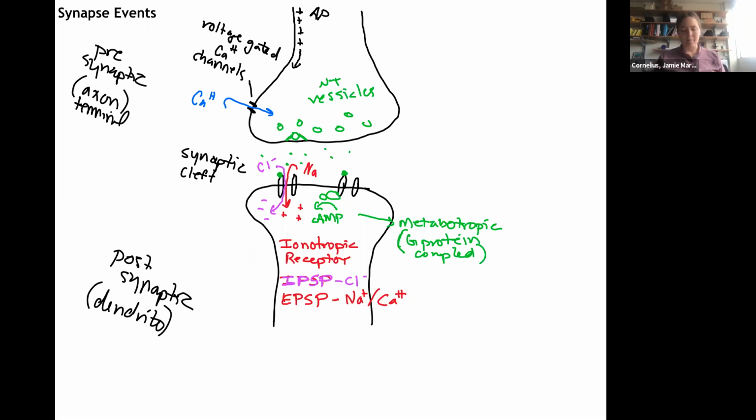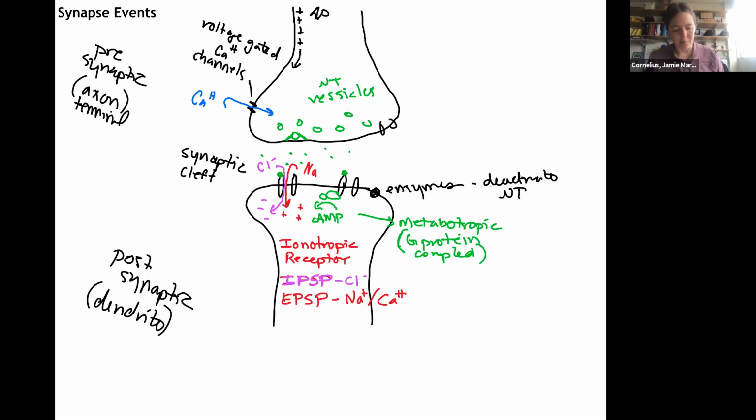The other thing to note is that these neurotransmitters, obviously, if they're just going to exist forever in the synaptic cleft, then you would never be able to turn off your postsynaptic cell response. And so there are a number of ways that cells get rid of neurotransmitter. There are enzymes on the postsynaptic cell that deactivate neurotransmitter.